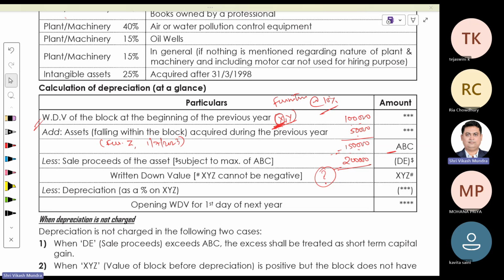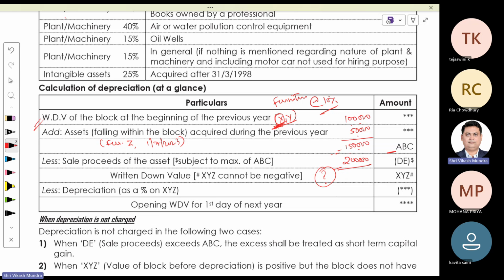Can I say that altogether the value of furniture X, Y, and Z was rupees 1,50,000? Out of this, one of the furniture items has been sold for rupees 2 lakh. Do you think we earned certain profit? Don't you think there is some profit element, or do we still have some value to amortize as depreciation?